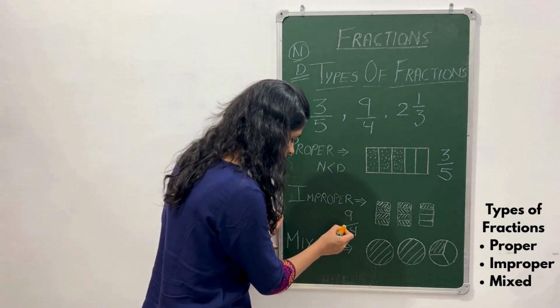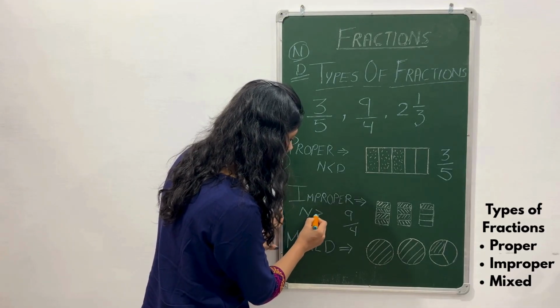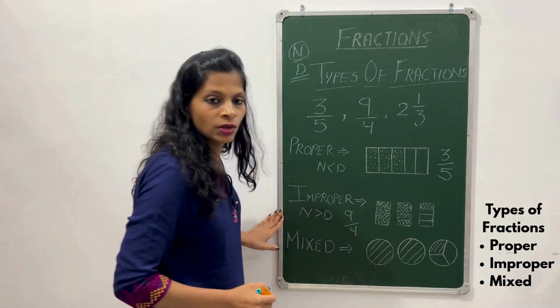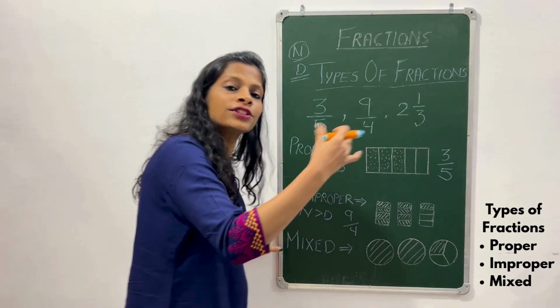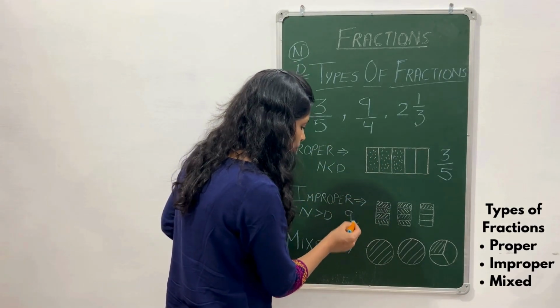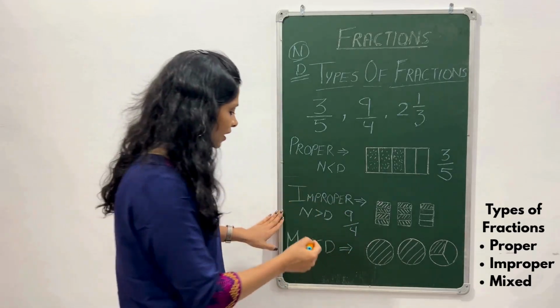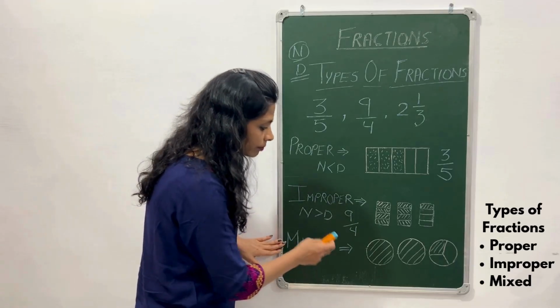And here, in an improper fraction, the numerator is always greater than the denominator. Why? Because we are representing a whole and a fraction part of it. So when added up, this gives the numerator a higher number, and that is why the numerator is bigger than the denominator. Now let's talk about a mixed fraction.